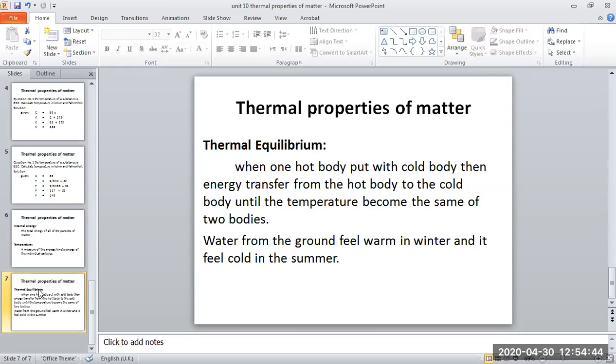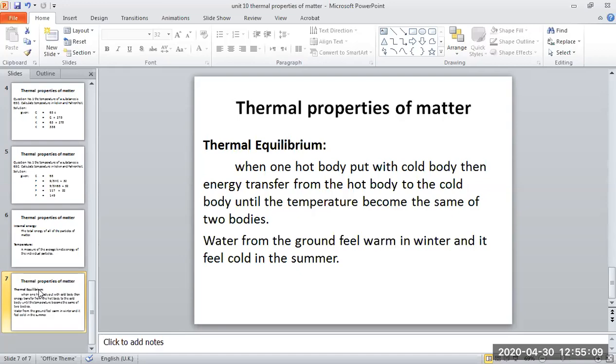Water from the ground feels warm in winter and feels cold in summer. Why? Because during the winter our body temperature is low, and the water that comes from the ground is at the same temperature.